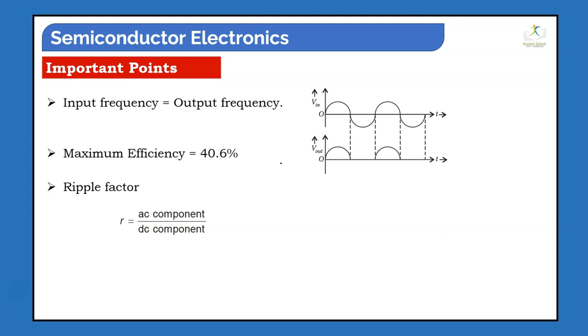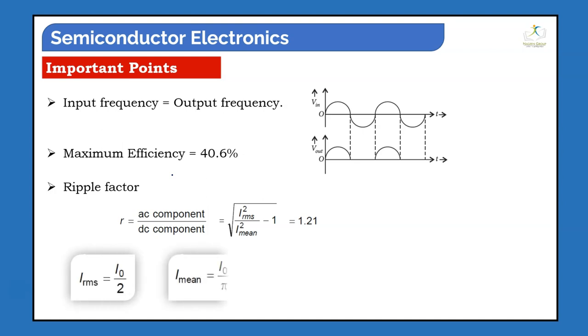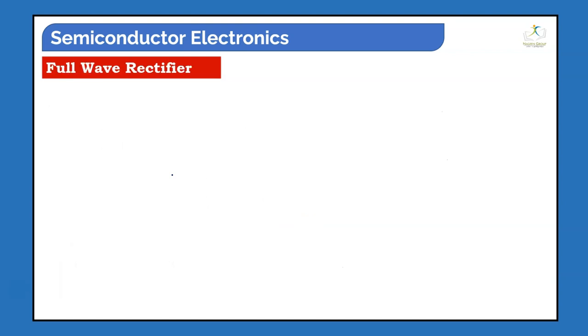The ripple factor r is equal to the AC component by the DC component, which is root of I RMS square by I mean square minus 1. After solving, we get the value 1.21. I RMS is equal to I naught by 2 and I mean is equal to I naught by pi. From this, I RMS by I mean is equal to 1.57.